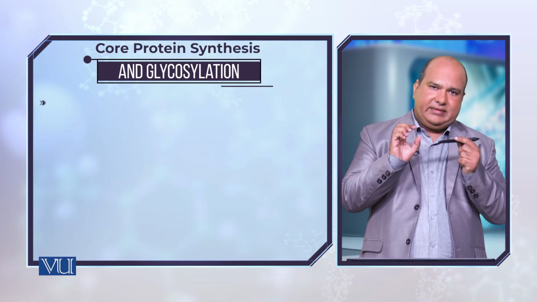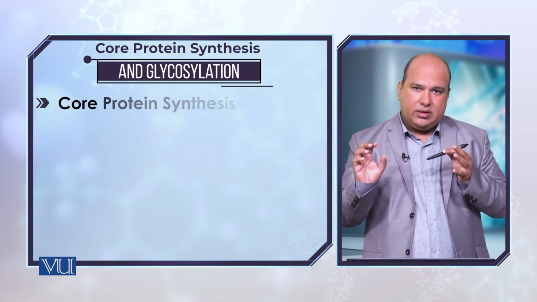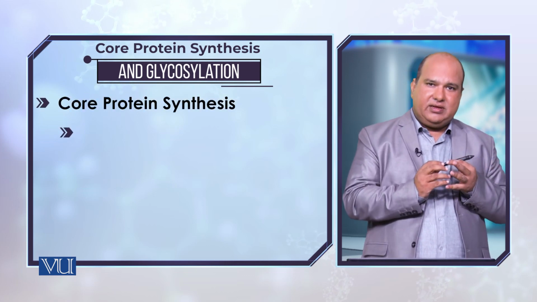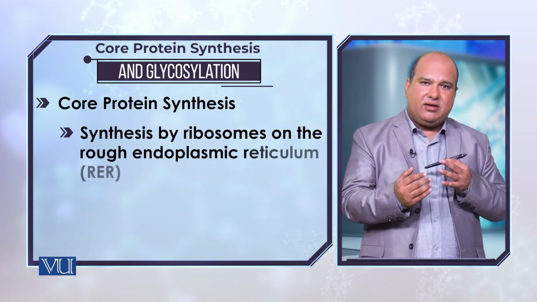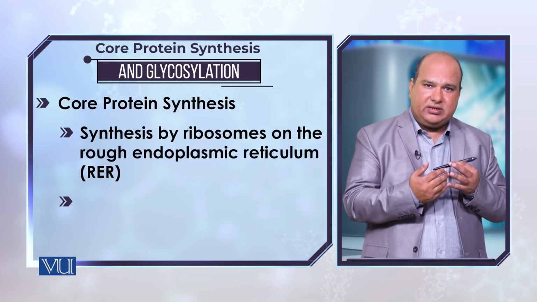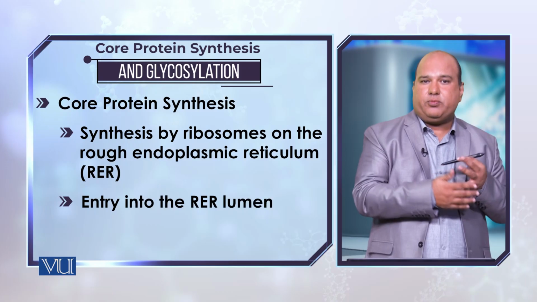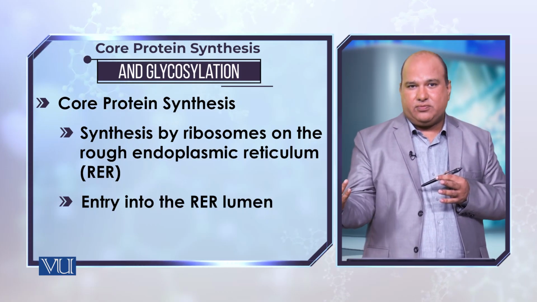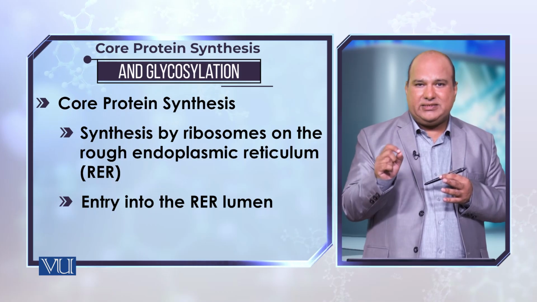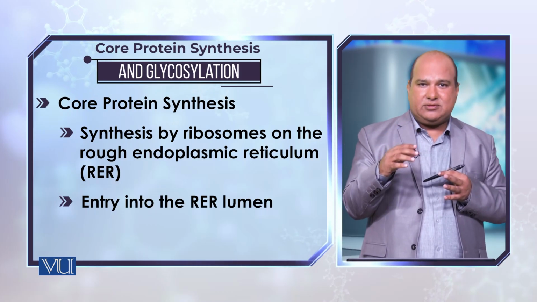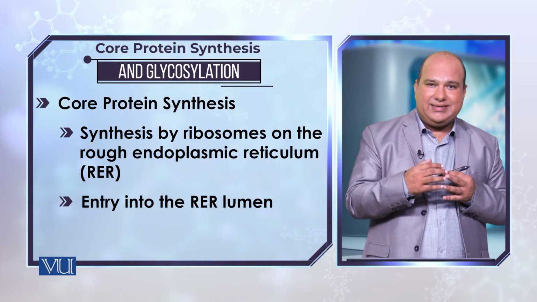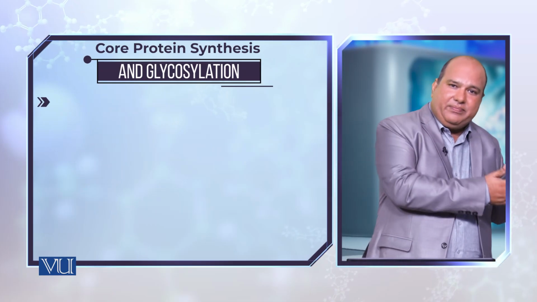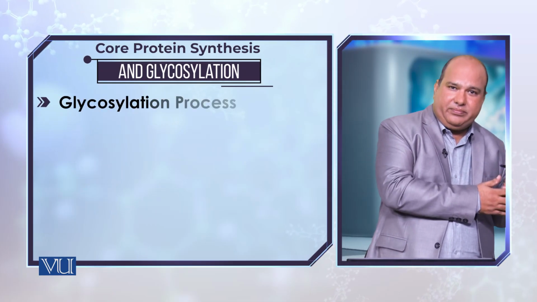Keep in mind that though many of the reactions of the biosynthesis or even degradation of GAGs or proteoglycans are very similar to the biosynthesis of glycogen, the major difference is that biosynthesis takes place in the rough endoplasmic reticulum.